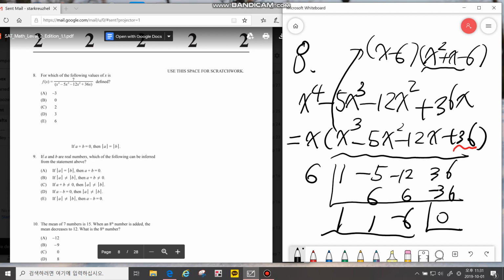So you can factor this. When you factor that, what ends up happening is x plus 3 and x minus 2 come there.